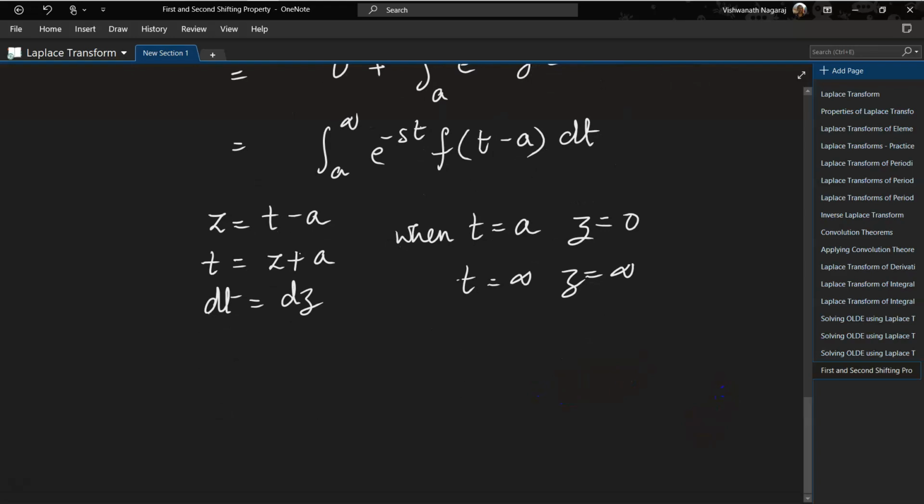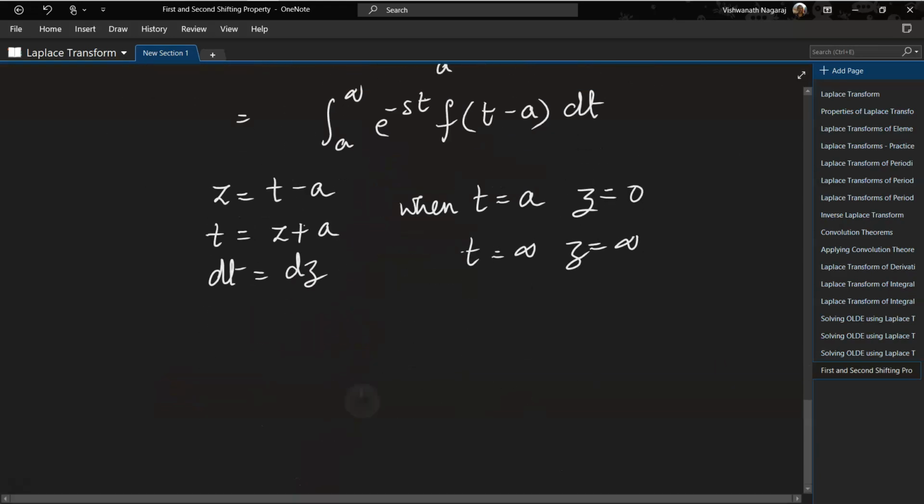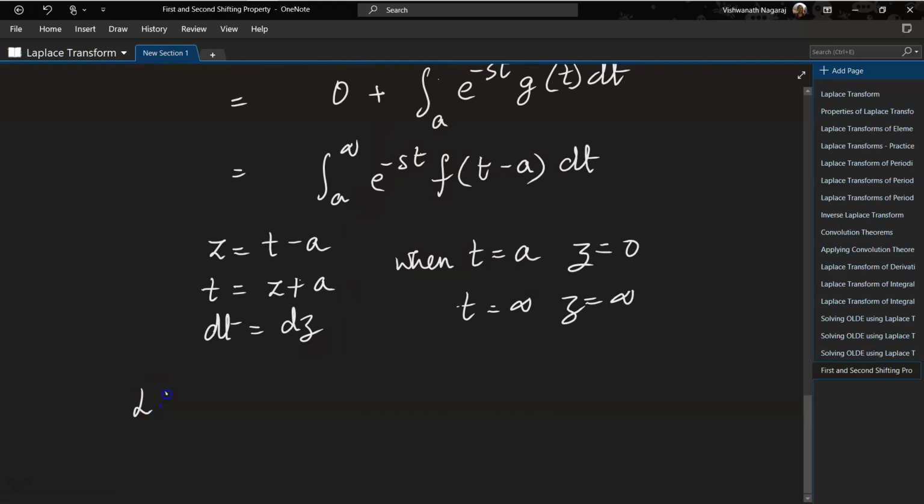Okay, so now let's do the substitutions. Laplace of g of t is equal to the integral from 0 to infinity, because when t is a, z will be 0, and when t is infinity, z will be infinity.